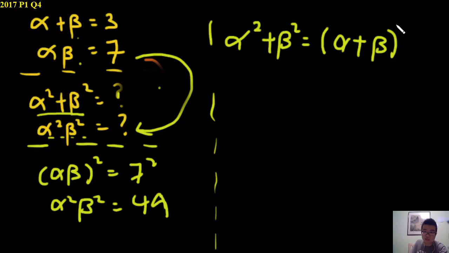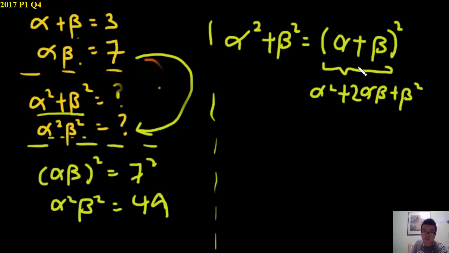Alpha square plus beta square. What you have here is alpha square plus 2 alpha beta plus beta square. So what you want to do is to remove this value, and you can get this itself. So minus 2 alpha beta. But how do we find 2 alpha beta?